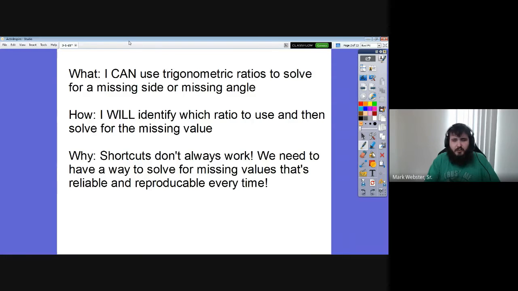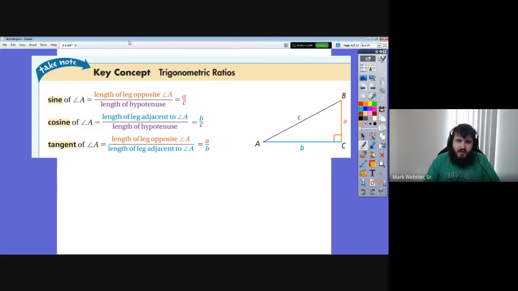All right. So let's go forward and talk about the three trig ratios that we are going to be discussing: sine, cosine, and tangent. Now, these are known ratios. If you've got a calculator, all the values are programmed in.